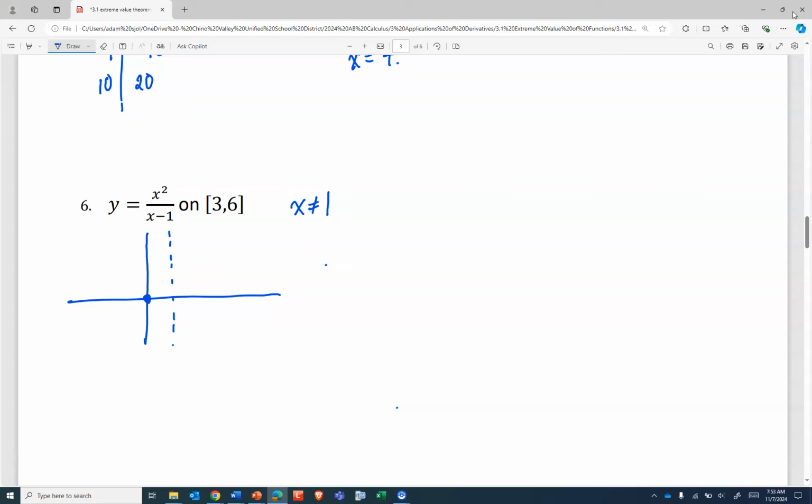Okay, let's see what that slant asymptote is. So x minus 1 into x squared plus 0x plus 0. And then that's 0 minus x plus 0, and that goes in 1. Okay, so the asymptote is x plus 1.